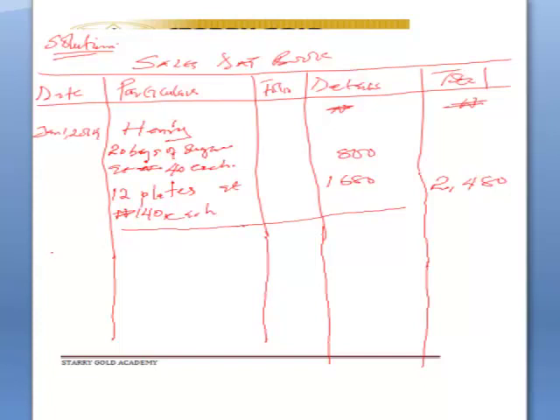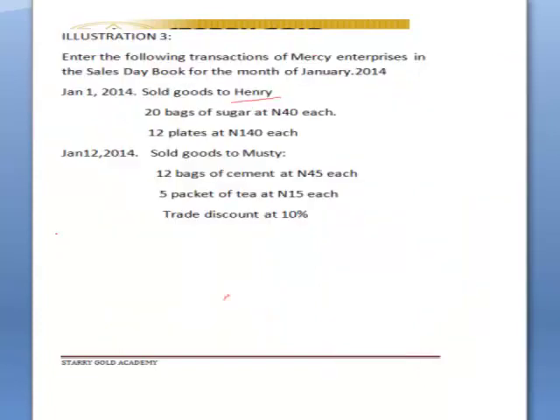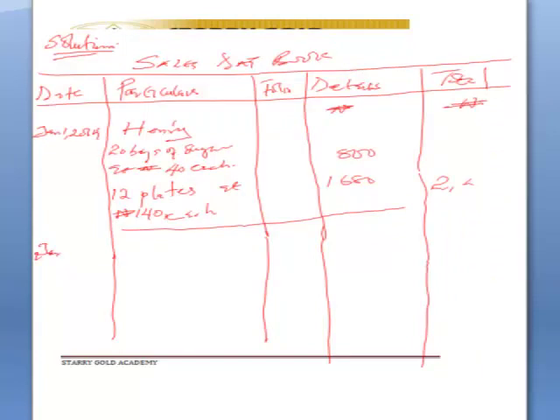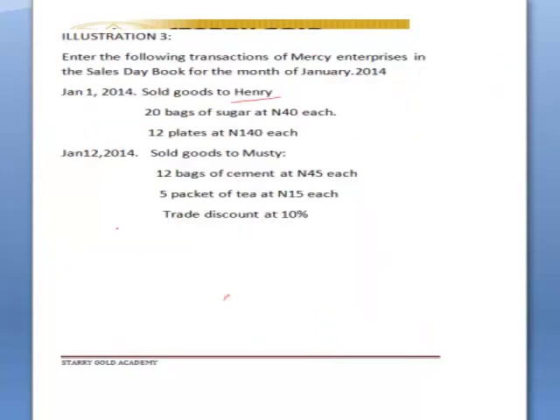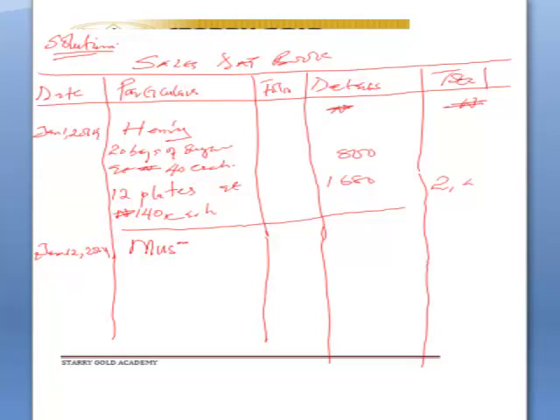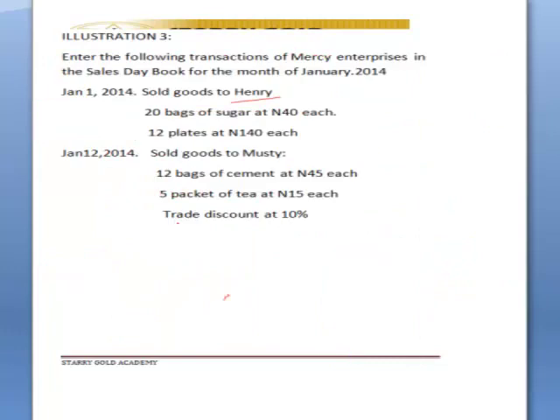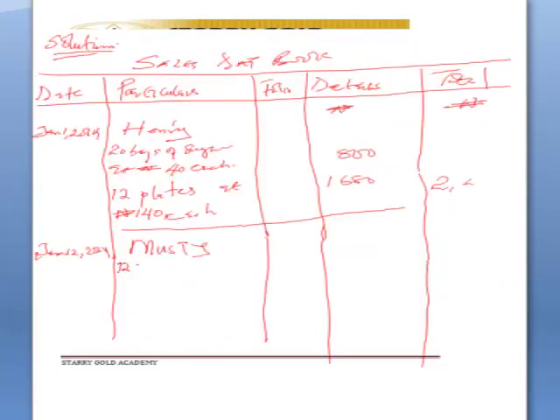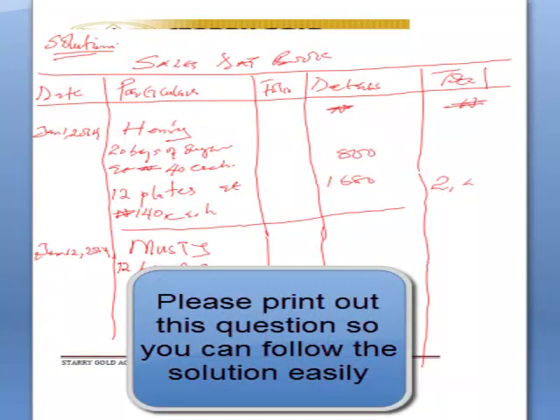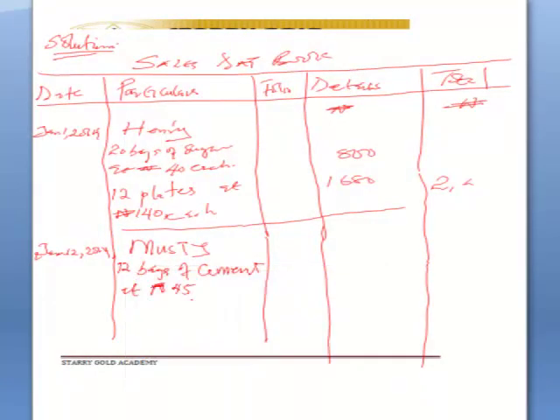So we now have January. The next date is January 12, 2014, and we have Musti as the customer. 12 bags of cement at 45 naira each, and that will give us 12 times 45, that will give us 540.